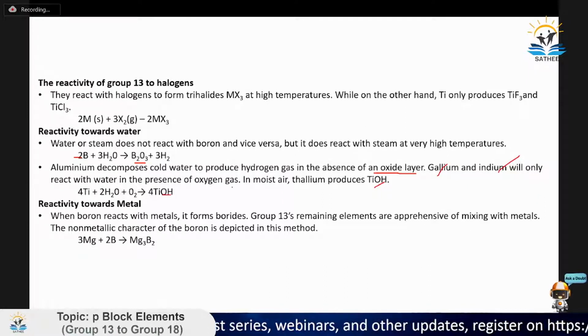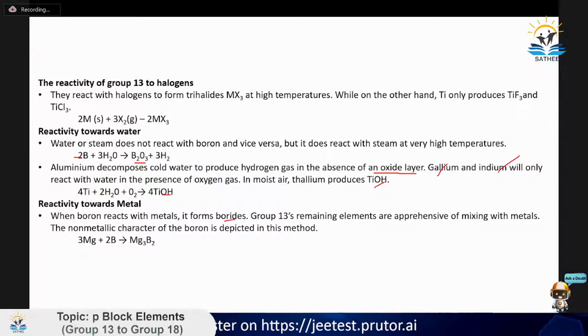Similarly, reactivity towards metals. When boron reacts with a metal, it forms borides, right? The remaining elements of group 13 are basically apprehensive of mixing with metals. Basically, you take a metal, you react it with this, and they'll mix, kind of, because they are also a bit metallic in nature.